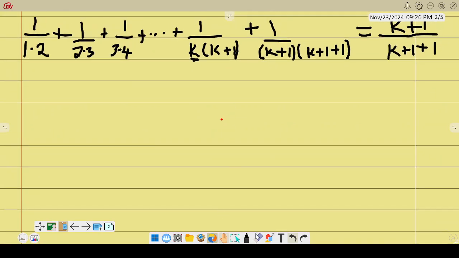From here we can simplify where possible. Mainly these which have plus 1 plus 1.